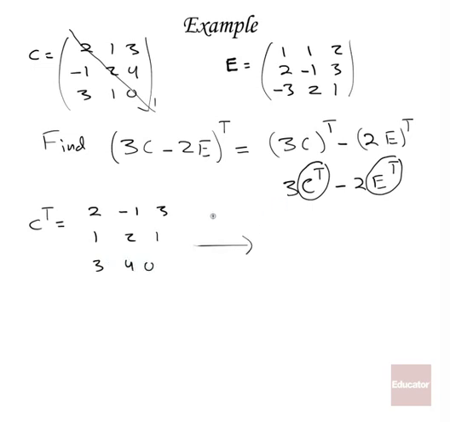And then if we multiply that by 3, we'll multiply each of these entries by 3. We end up with 6, minus 3, 9, 3, 6, 3. 3 times 3 is 9. 3 times 4 is 12. 3 times 0 is 0.